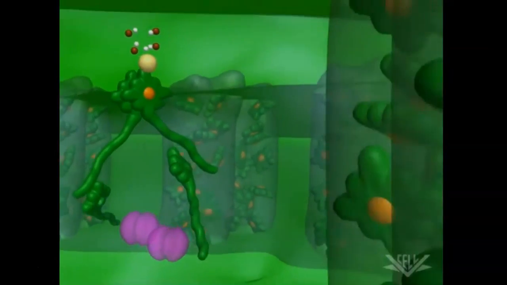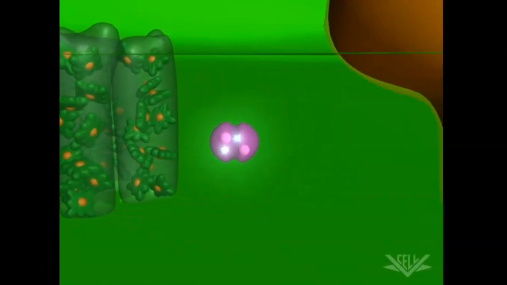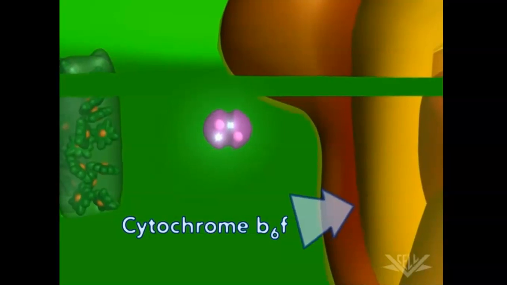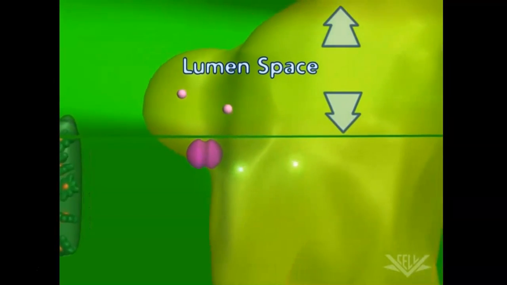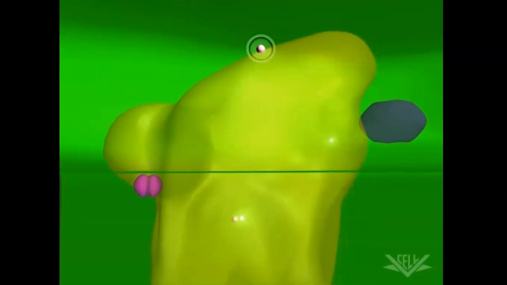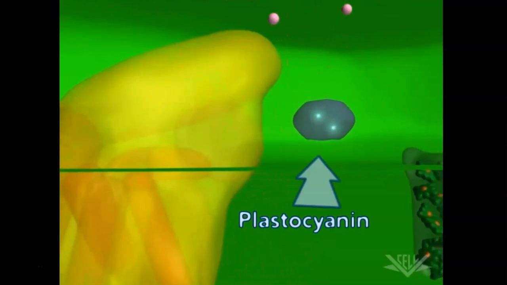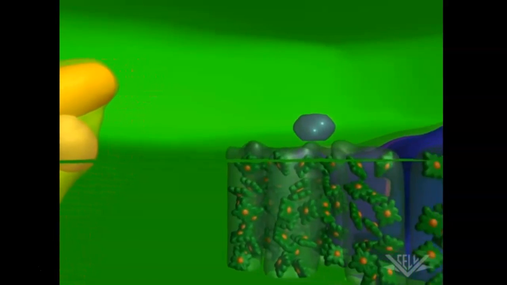After 2 water molecules have been split, 1 molecule of molecular oxygen is created. Plastoquinone QB then transfers the 2 electrons to the cytochrome b6f complex. The 2 protons it picked up are released into the lumen. These transfers are coupled with the pumping of 2 more hydrogen ions into the lumen space by cytochrome b6f.